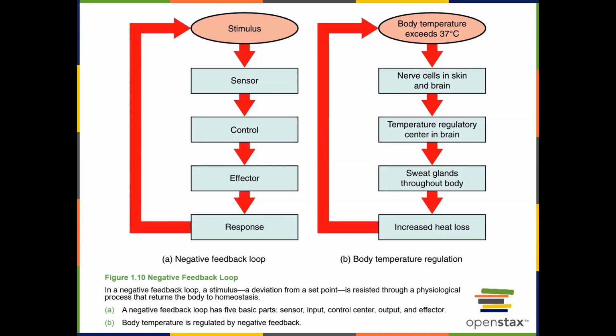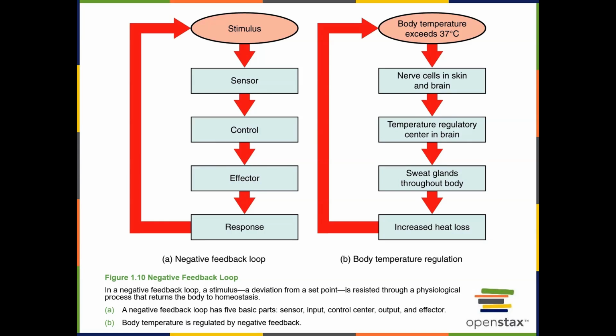The receptors or sensors send the input information that the body temperature is too high to the thermoregulatory control center in the brain, which is found in a region of the brain called the hypothalamus.